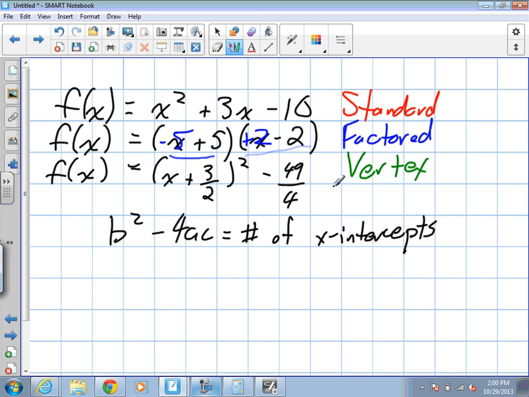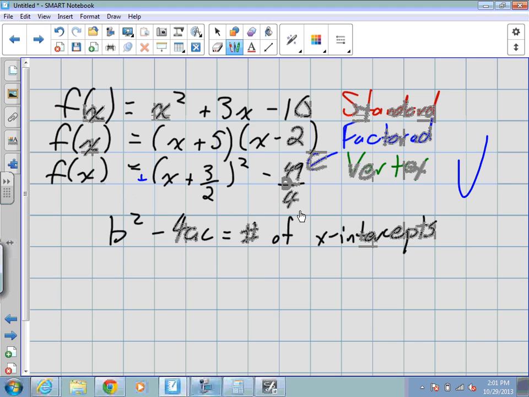How about in vertex form? Is it easy to see? It is. We have to do a little thinking. First of all, which way does this parabola open? Up, right? This is positive. So we know it opens up. And where is the minimum value? Because this is the y value of the vertex. Is it below or above the x-intercept? Below.